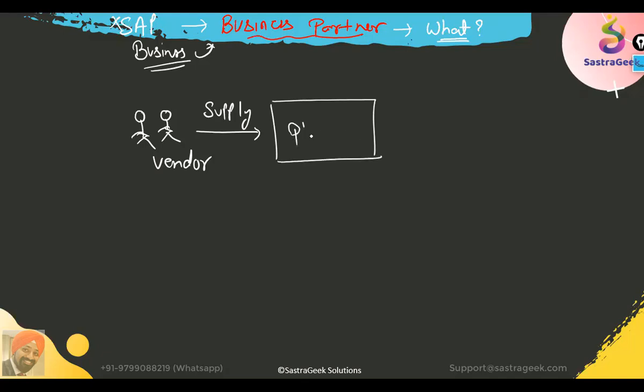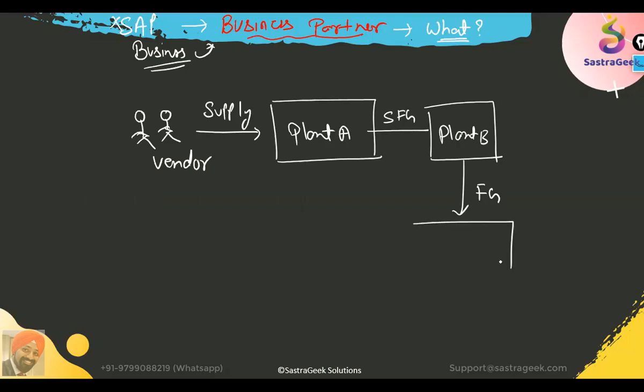You got this material at plant A, and this material you converted into another set of material and sent to plant B. Plant B converted it into a finished good and sent it to your distribution center.